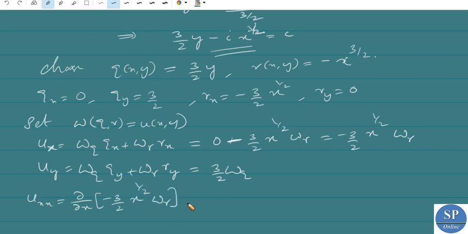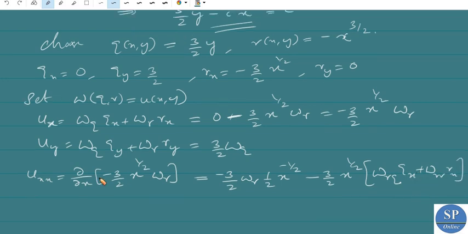So this is equal to minus 3 by 2 into w_r into the derivative of x power 1 by 2, which is 1 by 2 into x power 1 by 2 minus 1, that is x power minus 1 by 2, minus 3 by 2 into x power 1 by 2 into the derivative of w_r, that is w_rq into q_x plus w_rr into r_x.